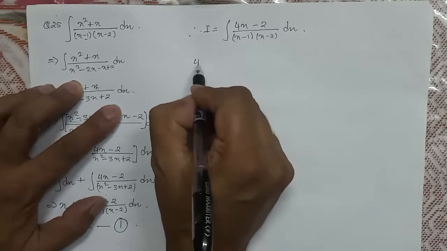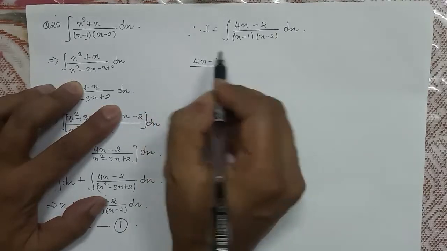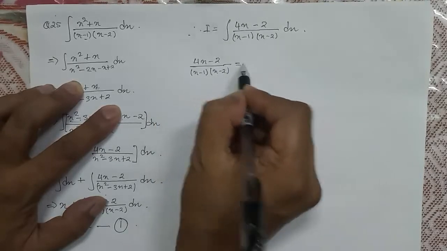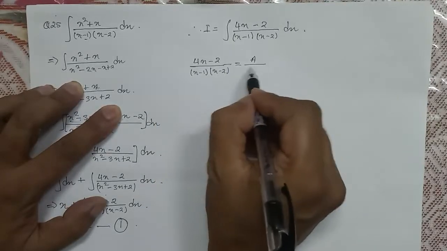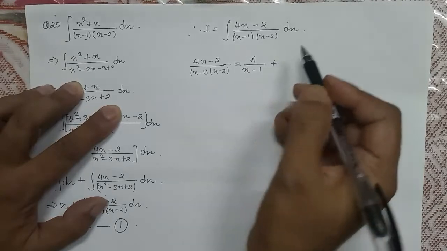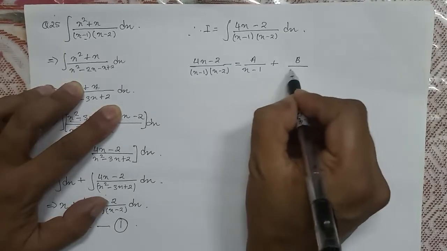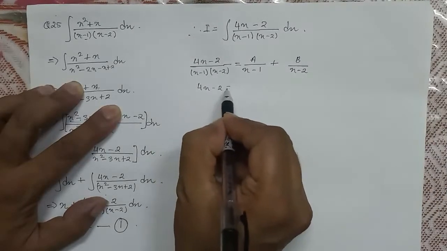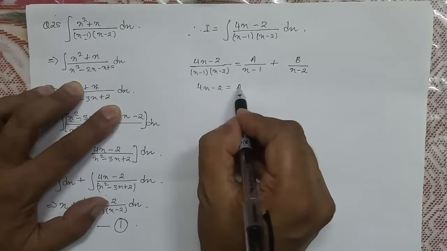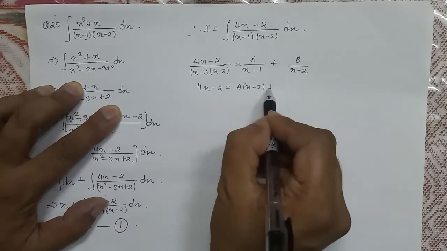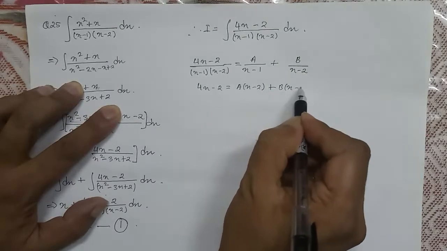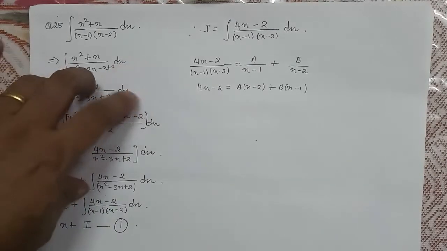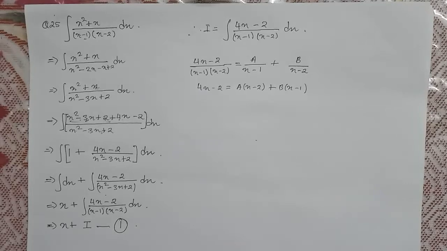I'll write 4x minus 2 over x minus 1 into x minus 2 as a over x minus 1 plus b over x minus 2. After LCM we'll get 4x minus 2 is equal to a into x minus 2 plus b into x minus 1. Now you know the method. How to calculate the values of a and b?